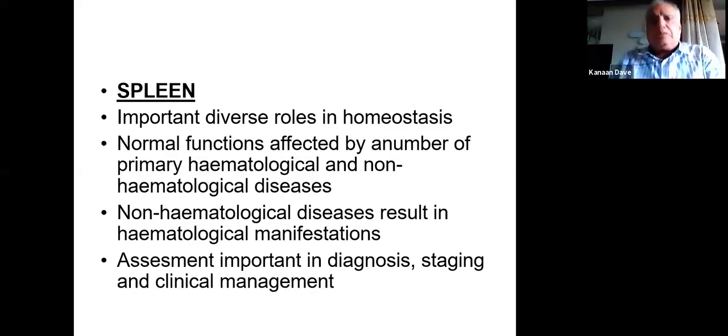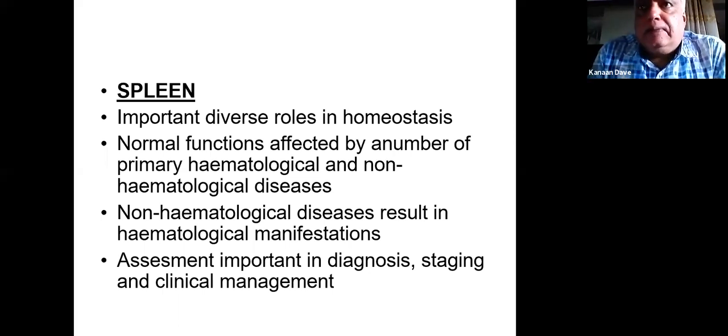Now, the spleen has an important role in hemostasis, and it's also an organ which gets affected by both hematological and non-hematological conditions. As hematologists, we often get consulted to review patients who present with splenic enlargement.